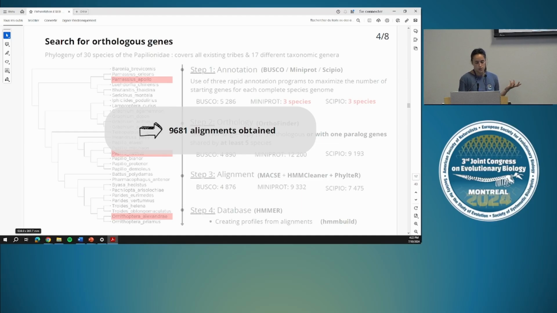Thanks to this new database, we set out once again to study the presence or the absence of significant adaptive signatures in Papilionidae.